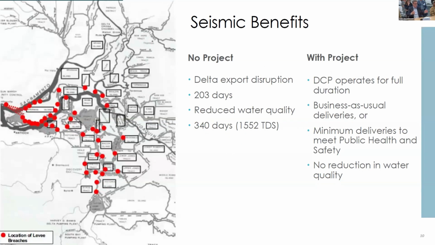And that's as the salt gets flushed from the system following an earthquake. With the project, by contrast, we look at two different scenarios. One, if the DCP operates for the full duration, just business as usual, so it has an ability to completely eliminate the effects of an earthquake. But we also look at a scenario where the benefits are limited to deliveries at the minimum public health and safety guidelines.